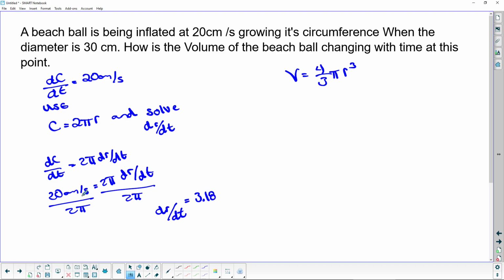Okay, and our units are still, there's no units to cancel out here or anything, so it's still centimeters per second. Okay, so that's our related rate for the radius.